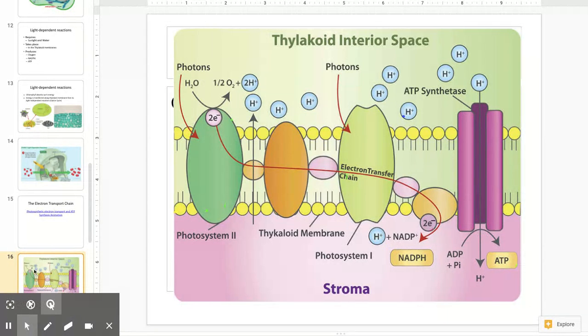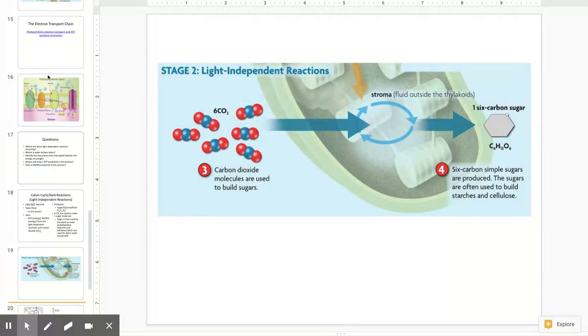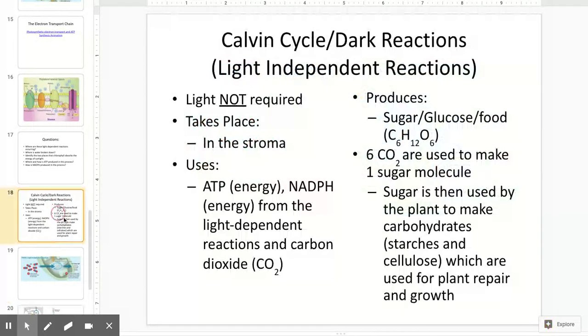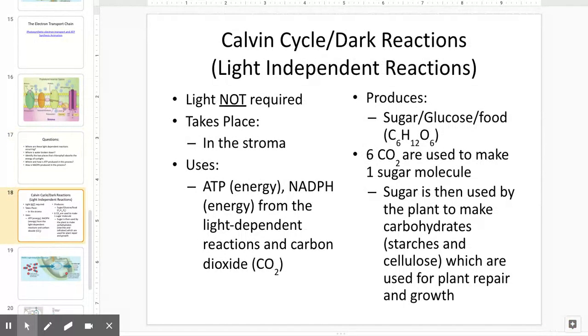So in the Calvin cycle, or the light independent reactions, just as a heads up, I've included some questions in this presentation for you to answer on your own. These are review questions. Think about them, think about your answers as you kind of conclude your study of the light-dependent reactions, and we move on to the Calvin cycle.